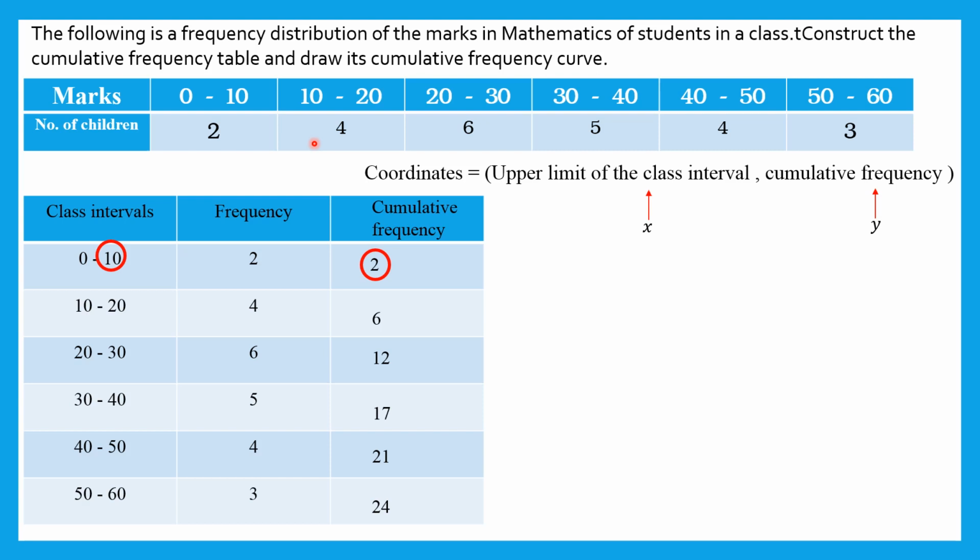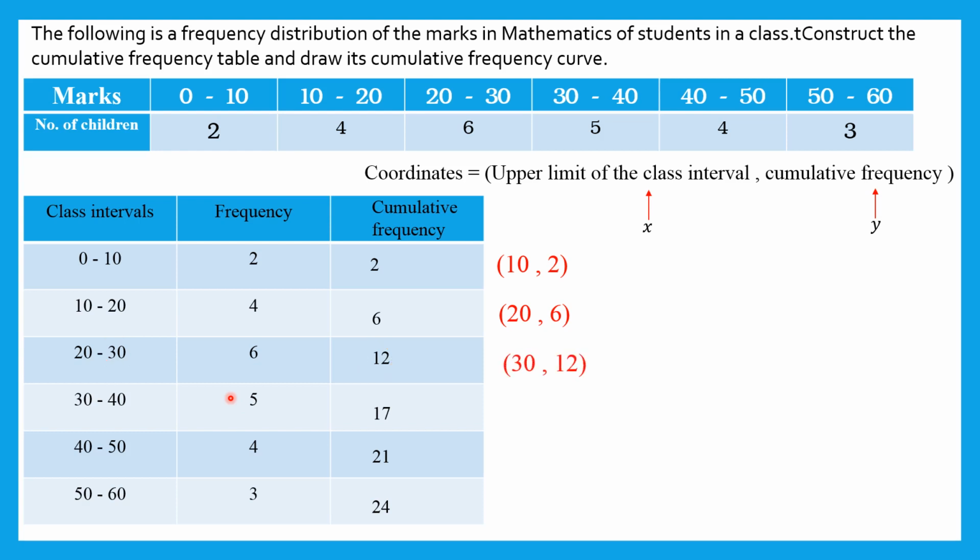Okay, the upper limit of this class interval is 10 and the cumulative frequency is 2. Then the coordinate will be 10 and 2. And next one, the upper limit is 20, the cumulative frequency is 6. Then the coordinate should be 20, 6. And then 30, 12.